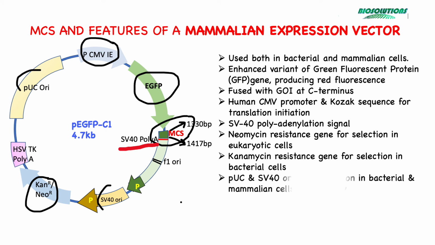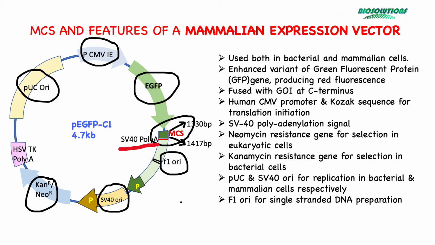There are SV40 origin of replication for mammalian cells and a pUC origin of replication for E. coli and an F1 origin for single-stranded DNA production. Another poly-A signal from herpes simplex virus HSV's thymidine kinase gene is also added. So these features ensure that a plasmid vector not only can be used for cloning a gene of interest, but also for many other purposes.